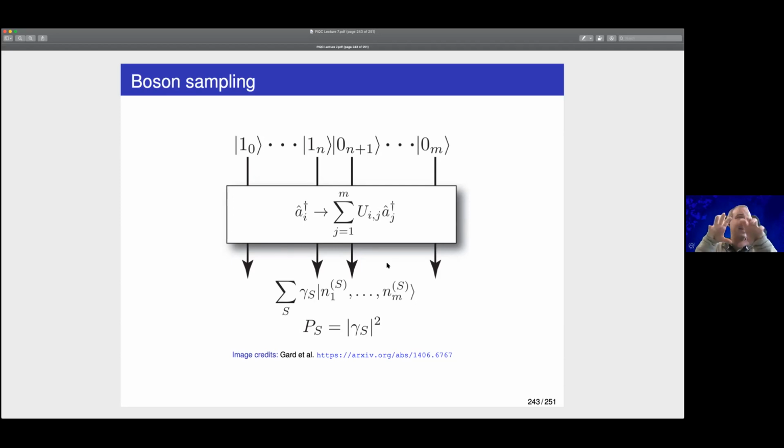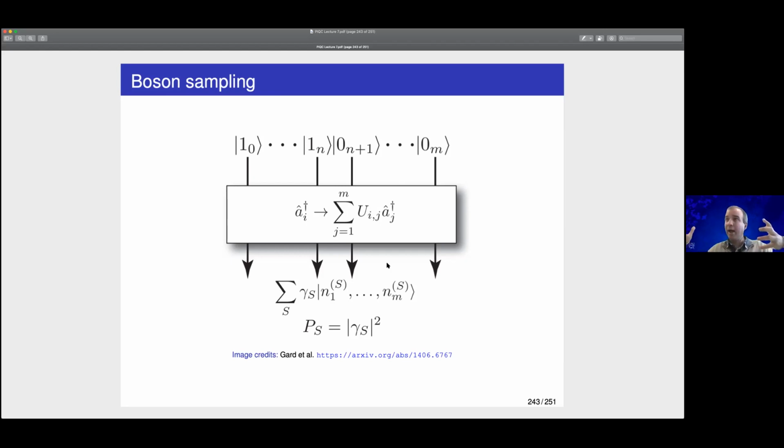Well, in this task of boson sampling, which was proposed in 2011 by Aaronson and Arkhipov as a way of showing quantum supremacy, you have a network of linear optic devices, like beam splitters and mirrors and things like that. And then you feed some photons at the input of your linear optics network.